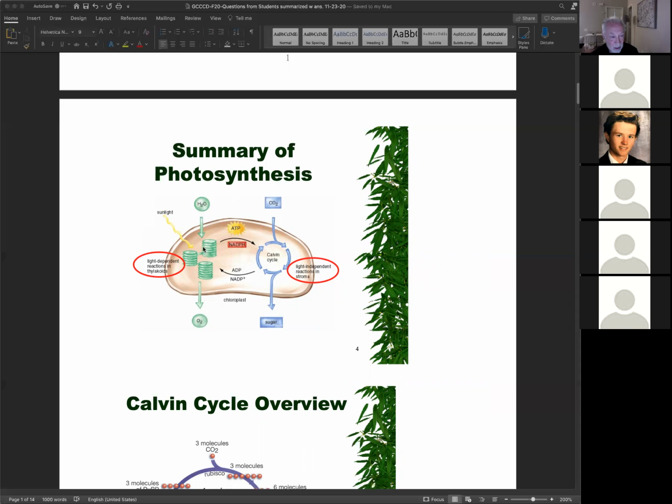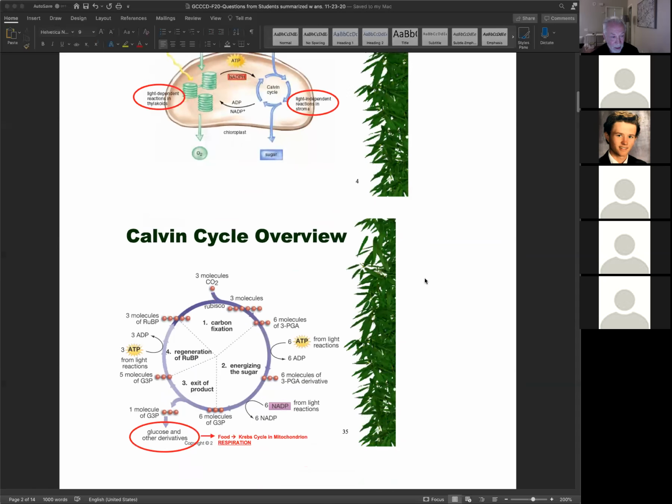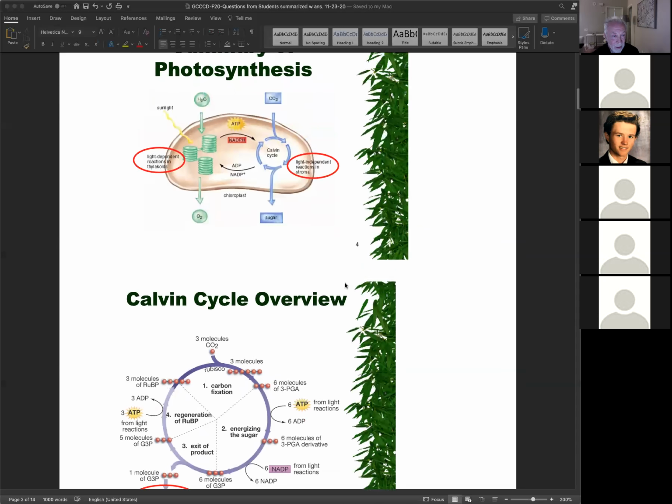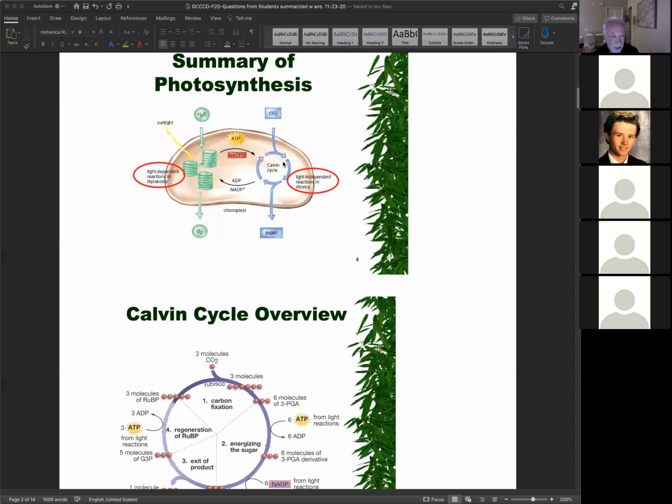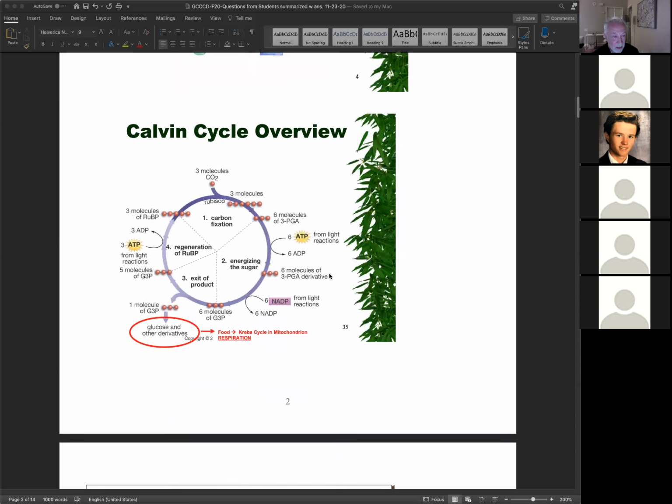So the ATP that is made in the light reaction is used in the dark reaction to generate sugar, to lock energy into chemical bonds. All right, the dark reaction, so that's the Calvin cycle here on the right, is elaborated in more detail here.